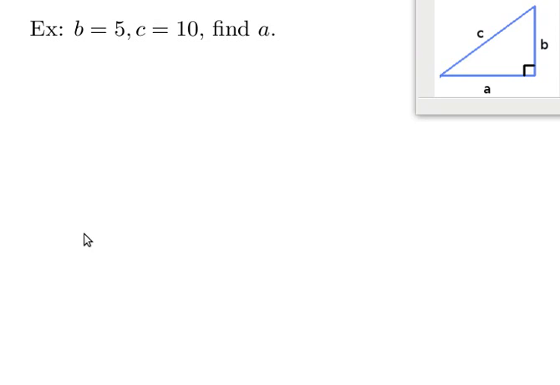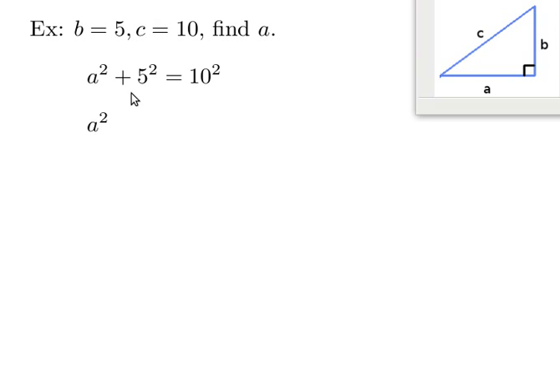So a squared is unknown. So we say a squared plus b squared, which is 5 squared, equals c squared, which is 10 squared.